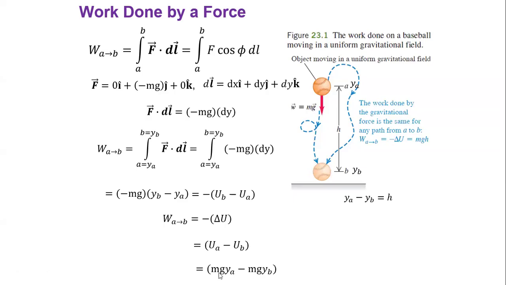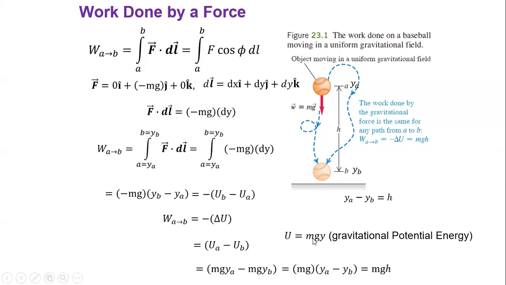So mgYA minus mgYB, which, if we factor out again, YA minus YB is just the height. So this is equal to mg times height.